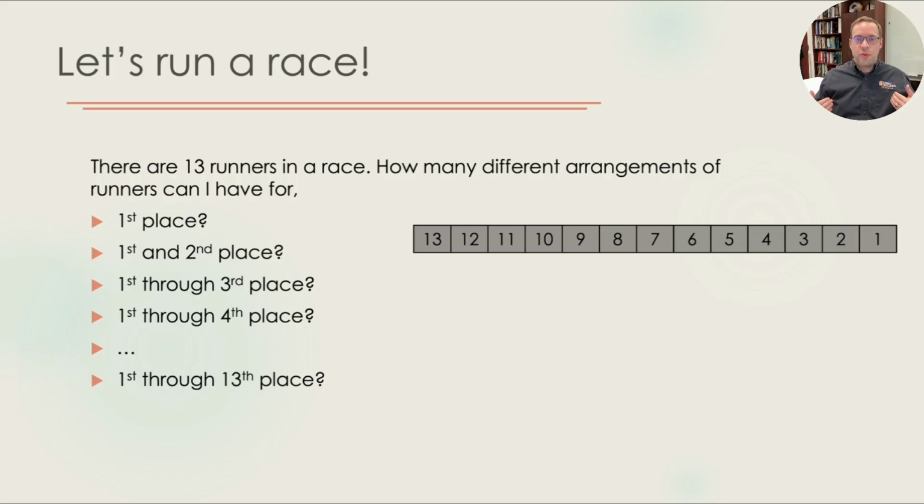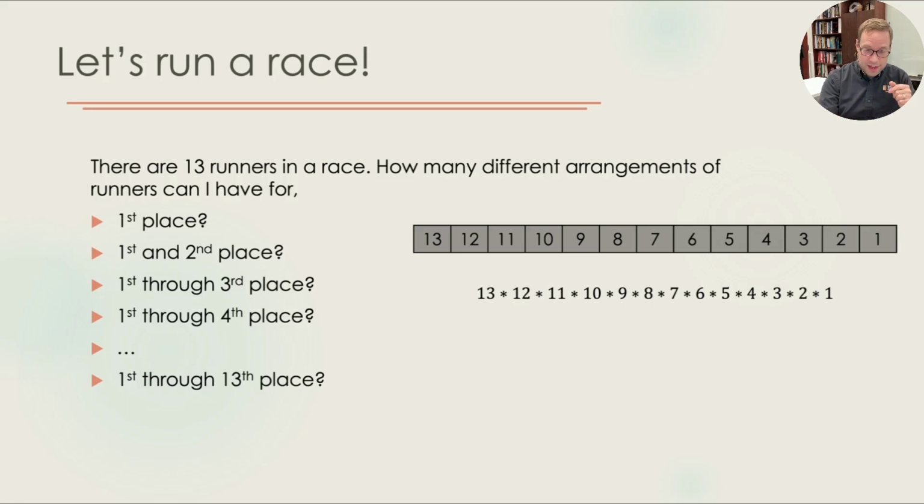Let's cut all the way to the end and say, how many different ways can they cross the finish line? In other words, how many different ways can these runners be ordered from first to last place? Well, fundamental counting rule says 13 ways that you can finish in first place, times 12 in second place, times 11 in third place, times 10 in fourth place, and so on, and keep going to the end.